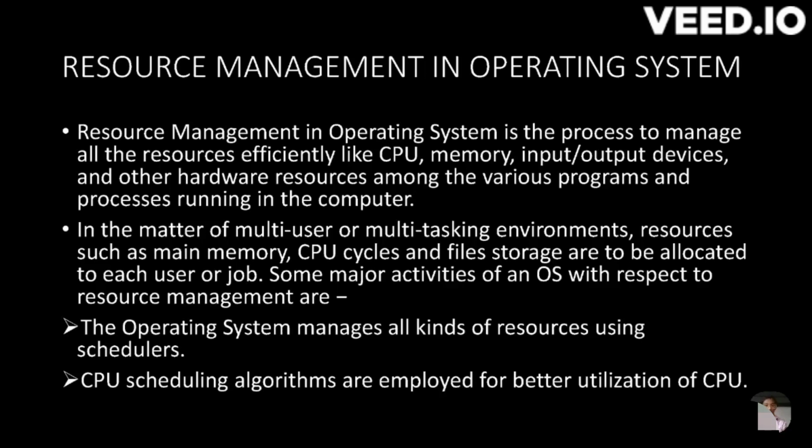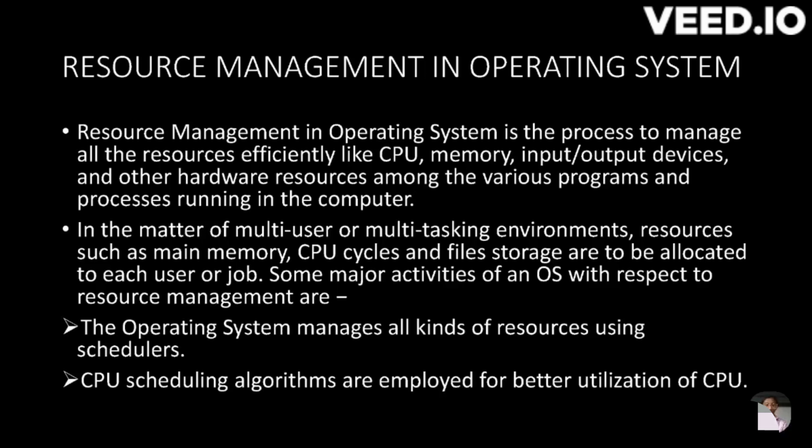Resource management in operating system is the process to manage all the resources efficiently, like CPU, memory, input-output devices, and other hardware resources among the various programs and processes running in the computer. In the matter of multi-user or multitasking environments, resources such as main memory, CPU cycles, and file storage are to be allocated to each user or job.